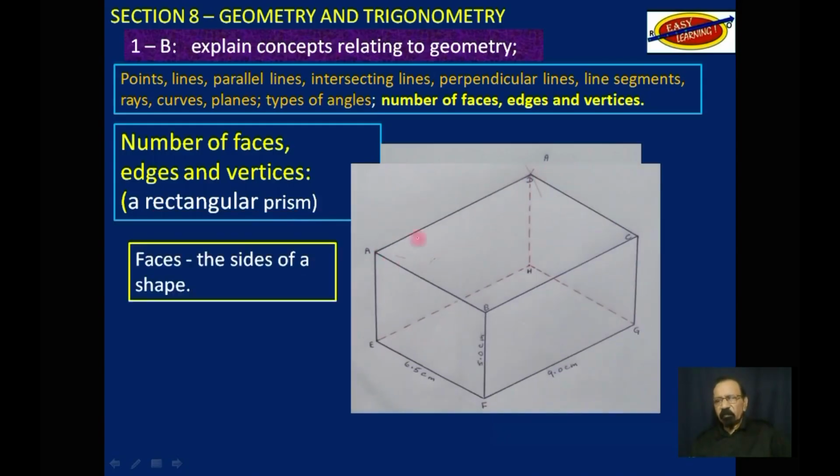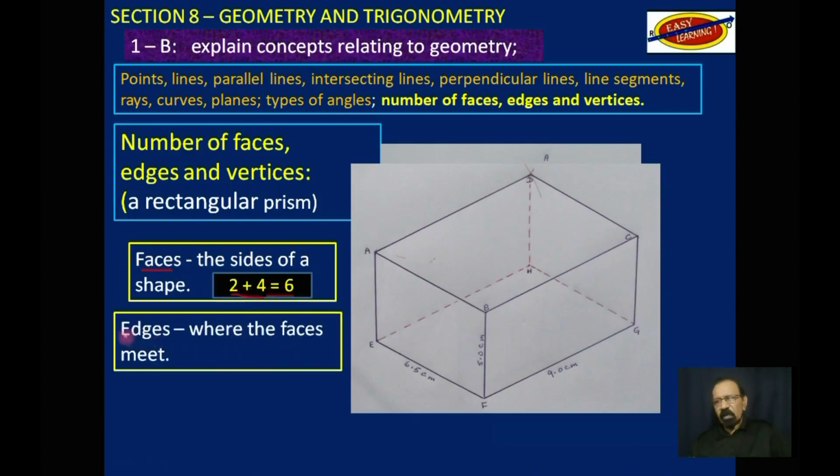As we can see here, faces, same thing that applies to the previous 2 that we just did, the cube and the cuboid. 2 plus 4 should be 6. Edges, same thing for the cube and the cuboid, which would be 2 times 4, that would be the 2 end faces, plus 4 more along the side, 12.